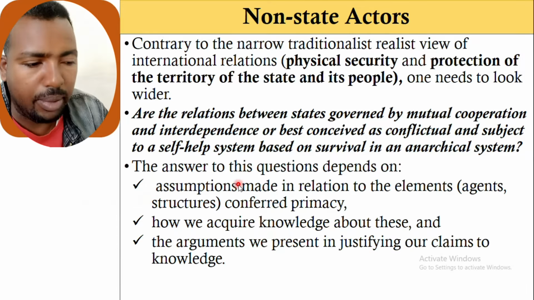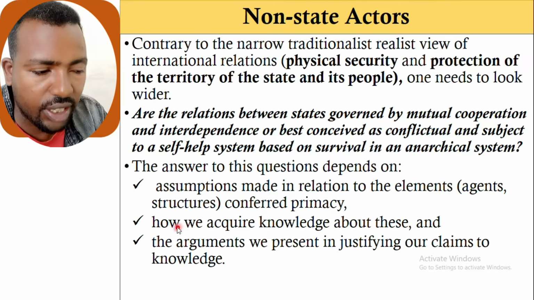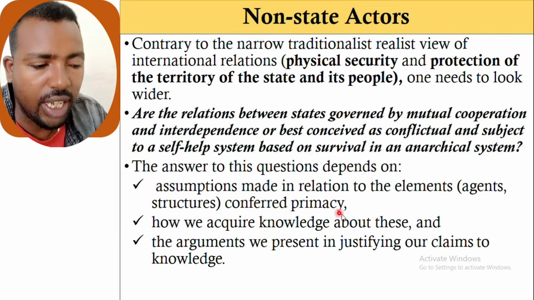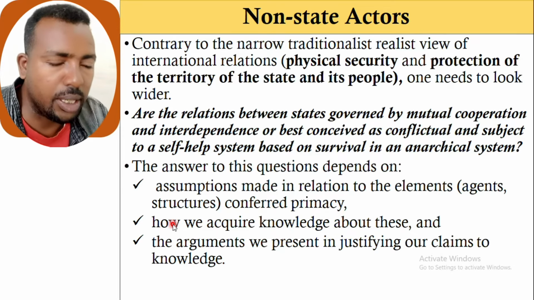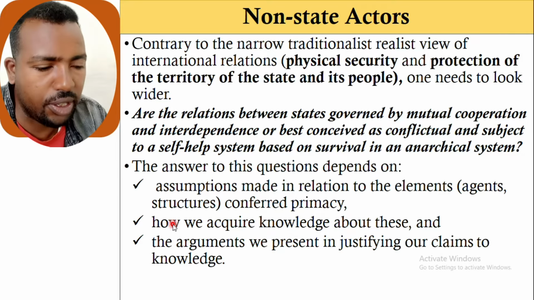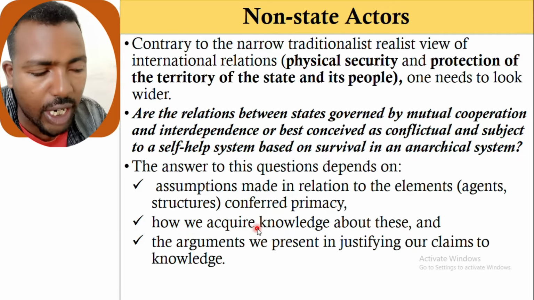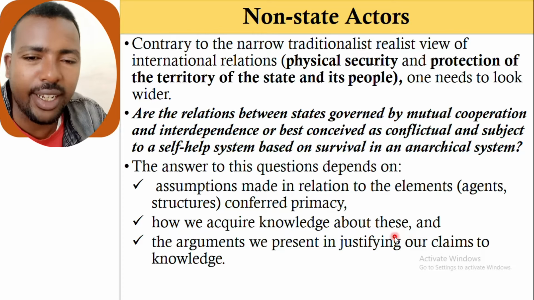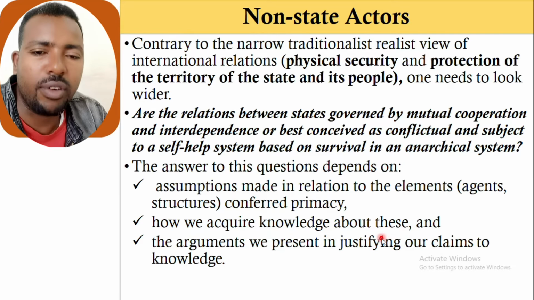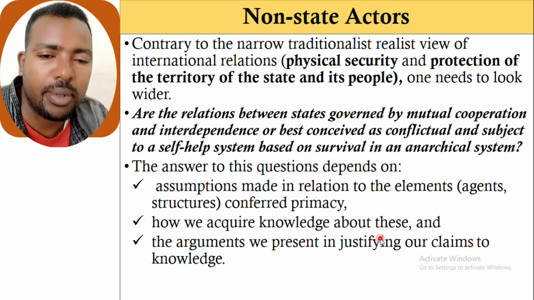The first element is the assumption made in relation to the agent-structure debate and the primacy of one over the other. These issues are important to decide which one is best, mutual cooperation or self-help system. The second is how we acquire knowledge about this cooperation and self-help system. If you are influenced by a realist perspective, then your standing point might be a realist perspective.